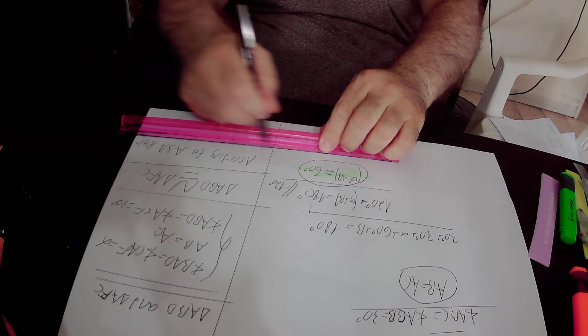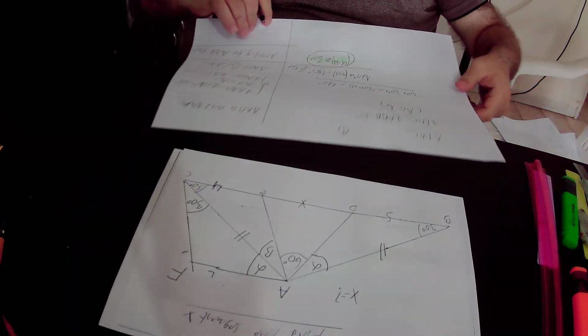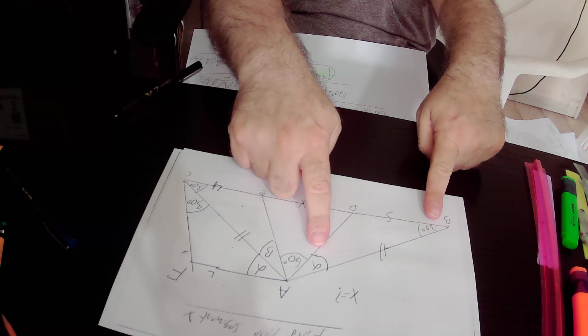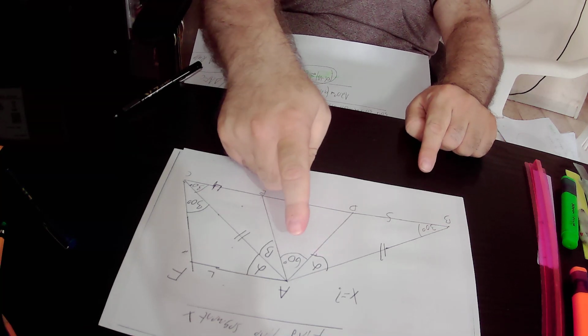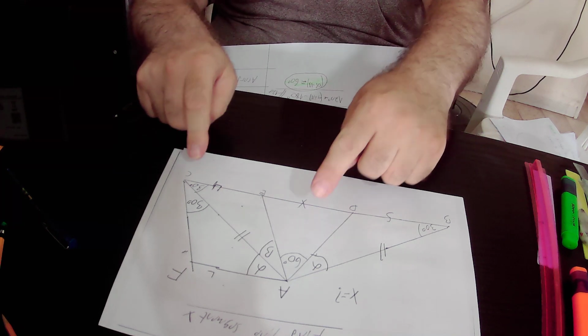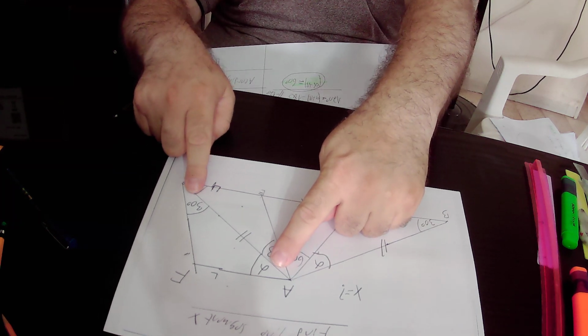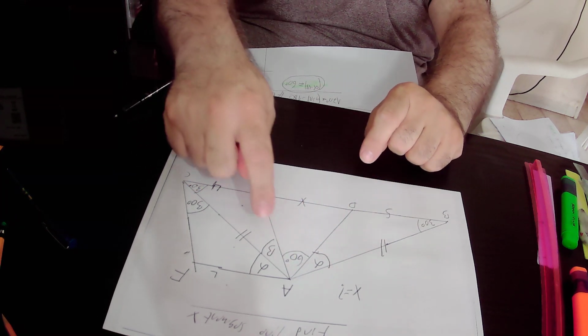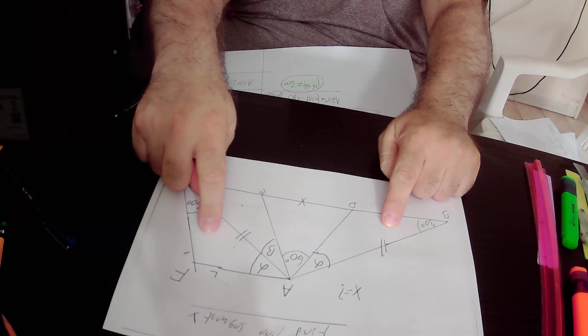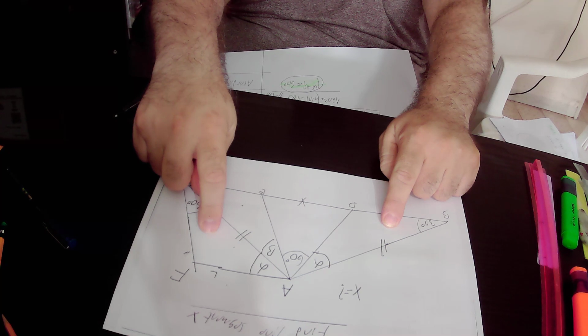I repeat again. We proved that those two angles and the side attached to them, that is AB in triangle ABD, are congruent to those two angles and the side attached to them in triangle AFC. Therefore, those two triangles can go into each other according to angle side angle rule.